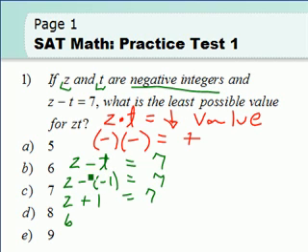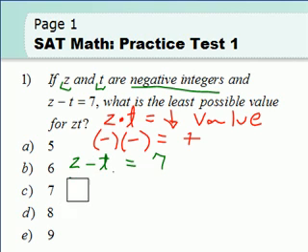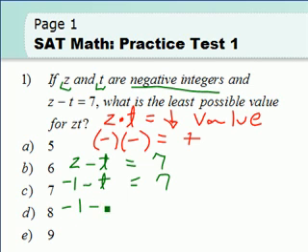So now let's try to reverse the numbers and substitute negative 1 for the letter z, and let's see what we come up with. Let me just erase this. So I substitute negative 1 for z, and then I have negative 1 minus t equals 7.